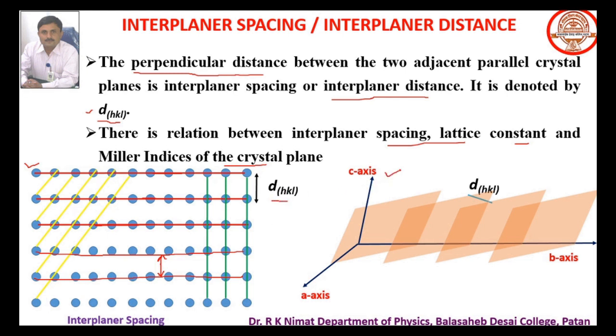Now this figure shows the three-dimensional crystal planes in which the crystal planes have made intercepts along the a and b axes, and are parallel to the c axis. Therefore, the Miller indices of these crystal planes will be 1, 1, 0, and the interplanar spacing will be this distance, which is nothing but dhkl.